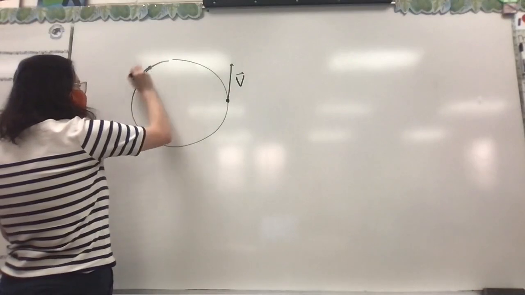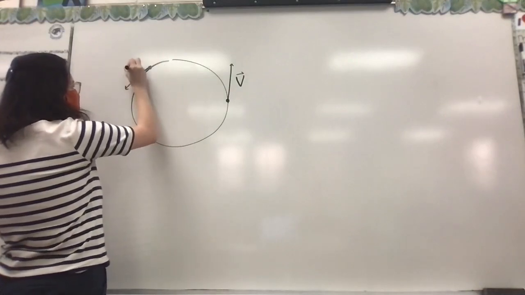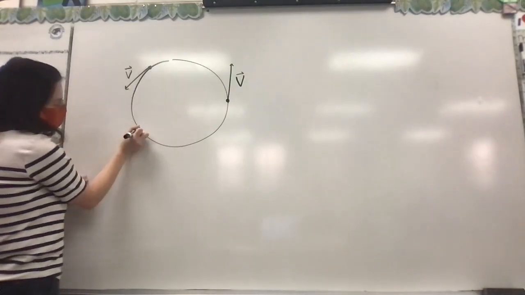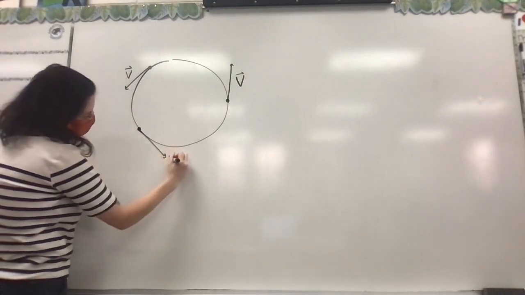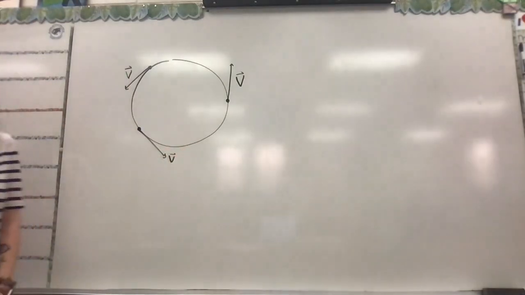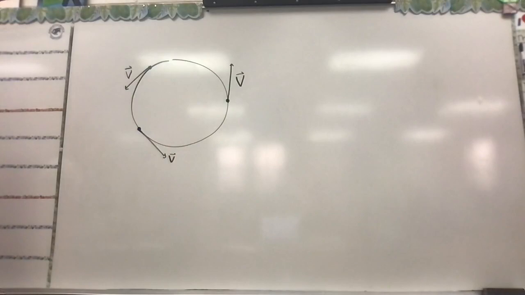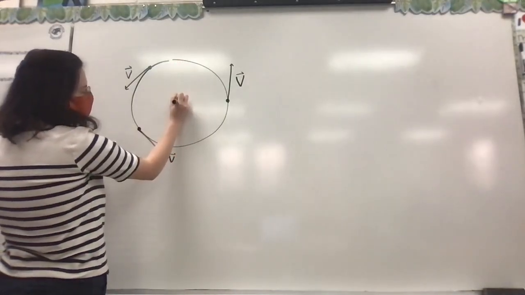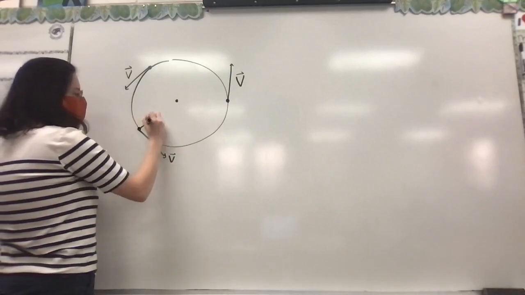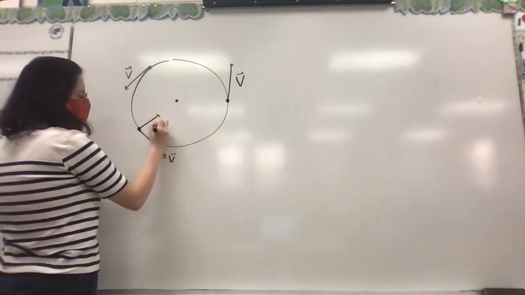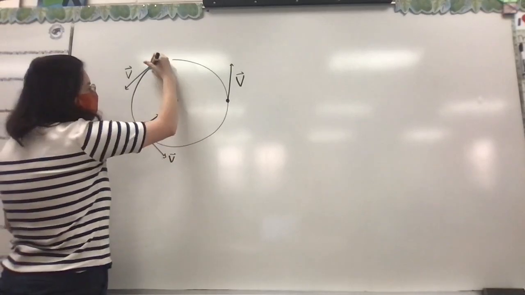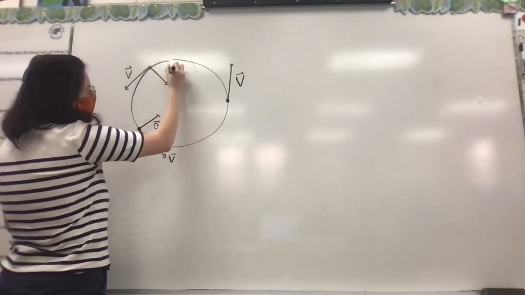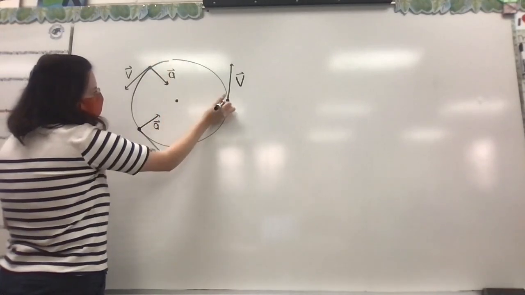So we are going to have a tangential velocity. And the acceleration of objects, if this is the center of the circle, acceleration always points towards the center of the circle.